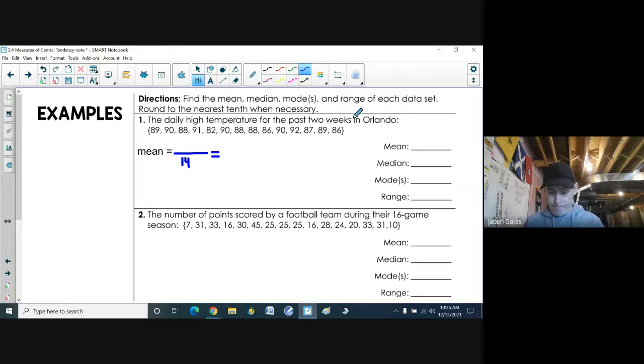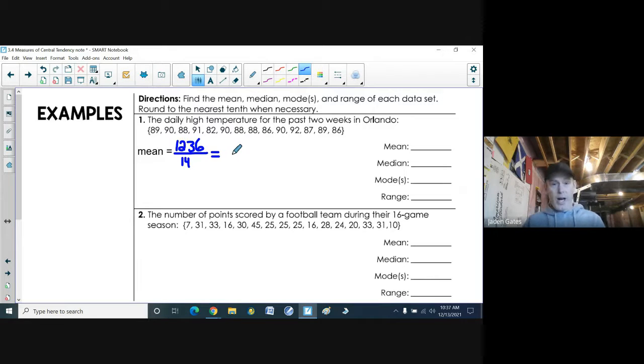So I got 89. 89 plus 90 plus 88 plus 91 plus 82 plus 90 plus 88 plus 88 plus 86, plus 90 plus 92 plus 87, plus 89, plus 86, and I get 1,236 when I add up those 14 numbers.